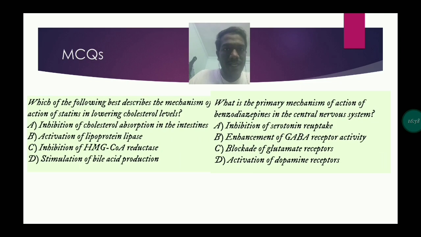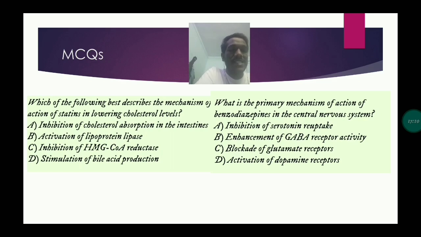Next is the third: which of the following best describes the mechanism of action of statins in lowering cholesterol levels? The answer is inhibition of HMG-CoA reductase, option C. Fourth, what is the primary mechanism of action of benzodiazepines in the central nervous system?